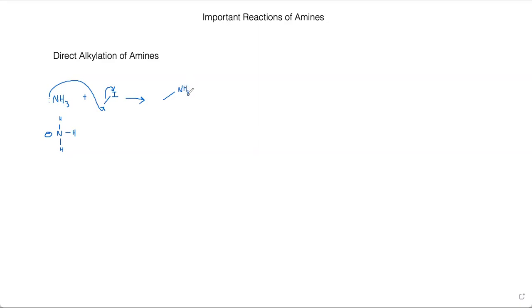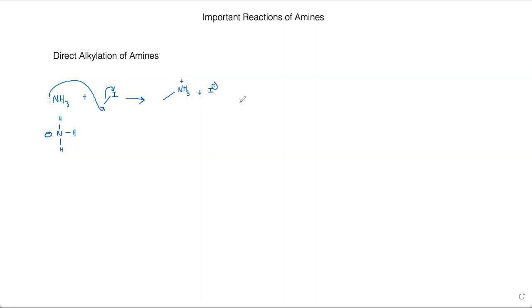So now we have a primary amine. It's going to be CH3NH3 plus, I minus. I'm not going to draw them all, but that would have 4 lone pairs. Now what happens is that we have an acid-base reaction actually. We have formed our carbon-nitrogen bond here.